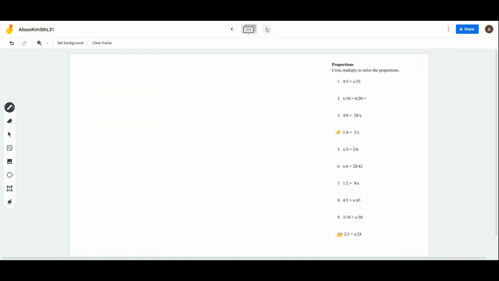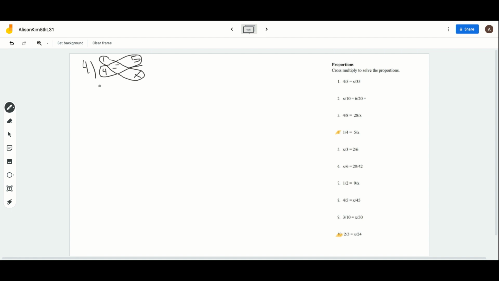Now we're going to do proportions. We're going to solve for the x. So number 4 gave us 1/4 equals 5 over x. Now there are 2 ways to solve this. You can do the butterfly method, and that's what we're going to do.